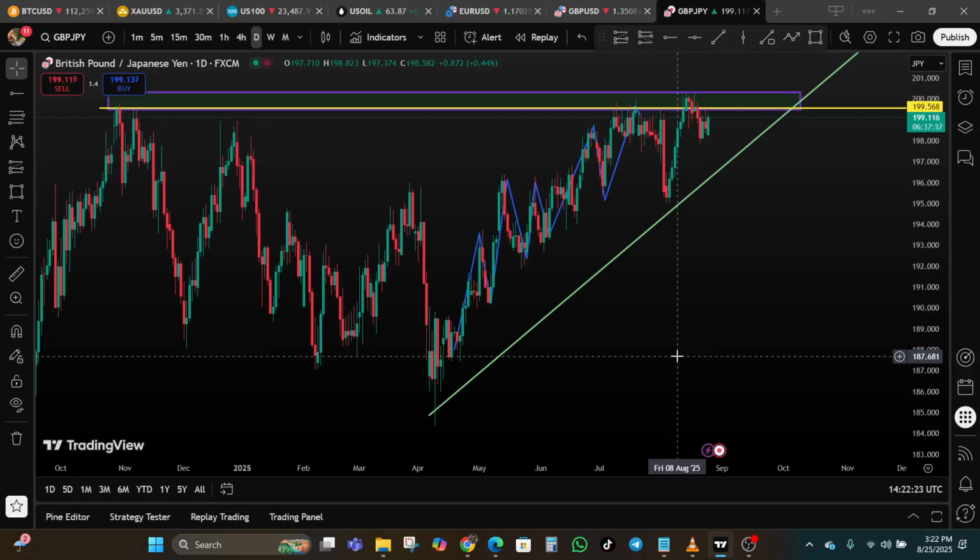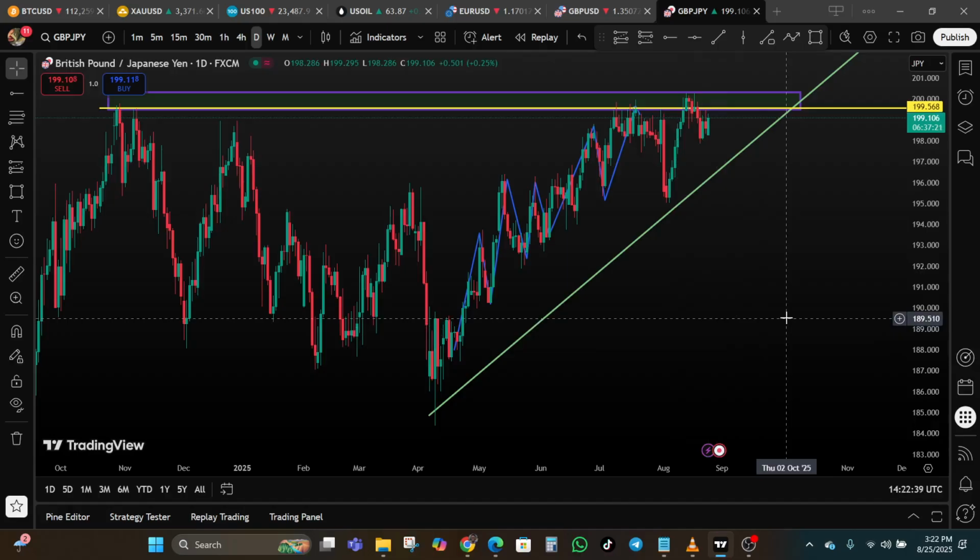To recap, the D1 chart makes trends and structure very clear. Daily support and resistance levels are strong and reliable. Entries and exits are based on patience and confirmation.